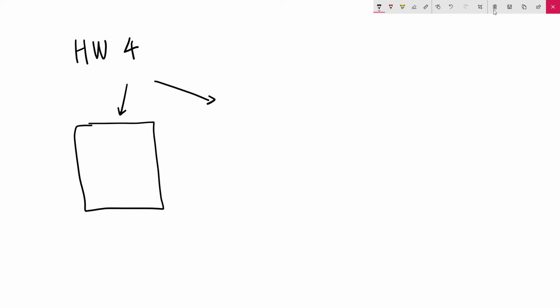Homework number 4. We had two different problems. The first one was to solve the Laplace equation with terminal description, so contact description, and the second one was the interface calculation. Without any predefined information about the interface, you have to generate certain knowledge on the interface.